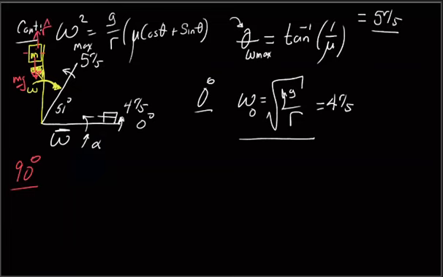We have negative mg is negative m r omega squared. The other terms are 0. The m's drop out.